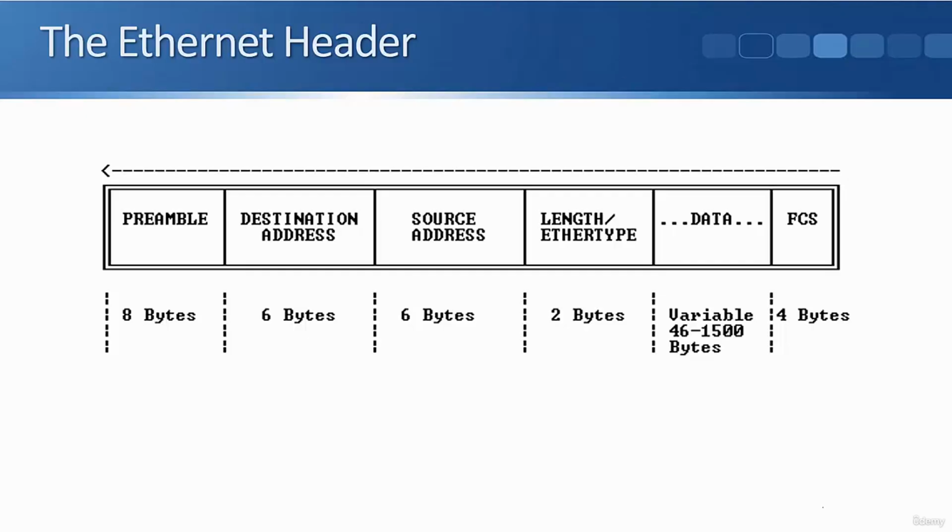We then have the EtherType, which is used to specify what is encapsulated inside the Ethernet header, so that will typically be IP version 4. We then have the data and the FCS. The FCS is the frame check sequence. That's a cyclical redundancy check, which is used to check for the integrity of the frame, to check that it has not been corrupted during transit.